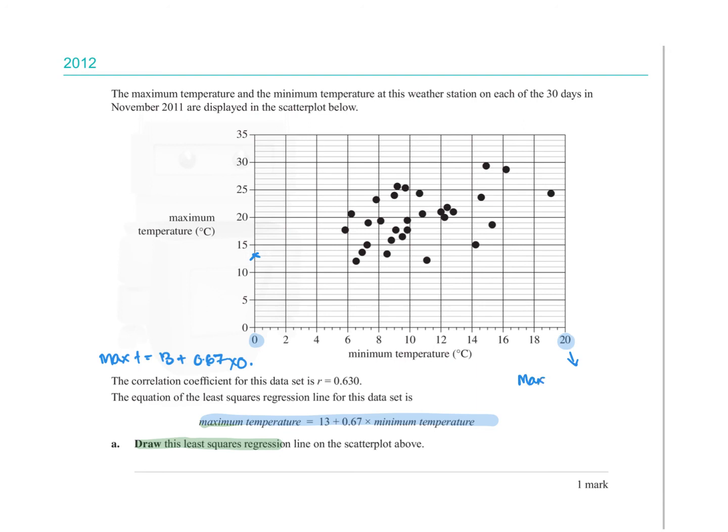So max temp equals 13 plus 0.67 times 20, and I get that to be 26.4. So I go up here 26.4 like that. You get a ruler, line up those two dots that you just did, and then you put a straight line through it, and there you will have the equation.